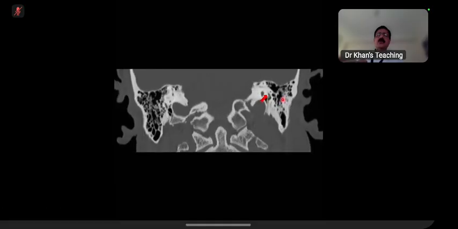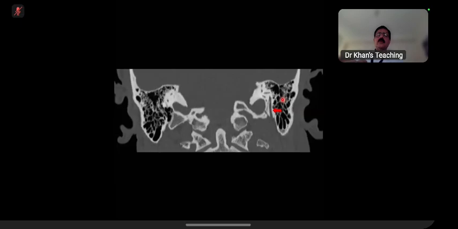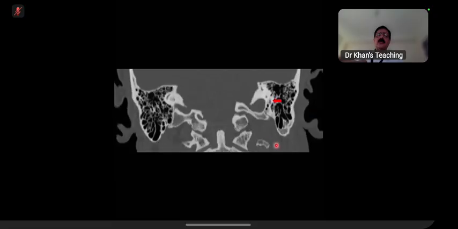And from there, it turns 90 degrees backwards, and this dot here is the tympanic portion. Please remember the landmark. It passes below the lateral semicircular canal. So it is passing below, it goes posteriorly, it goes to the mastoid portion, and then it descends down like this. This is the stylomastoid foramen.